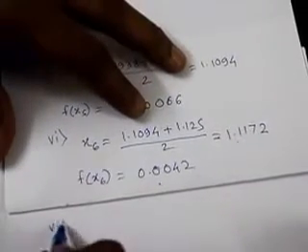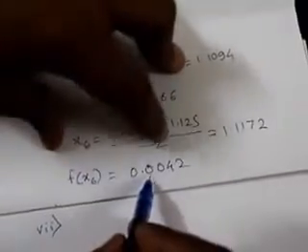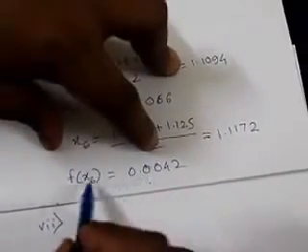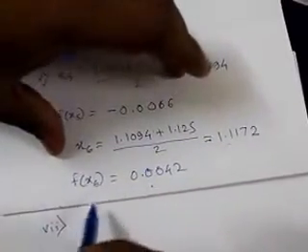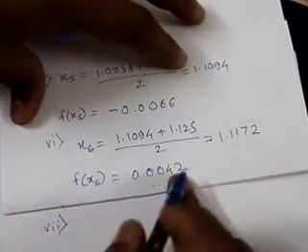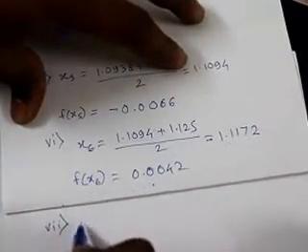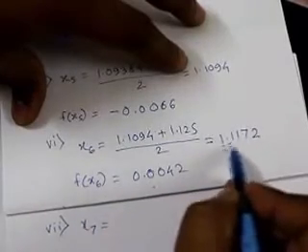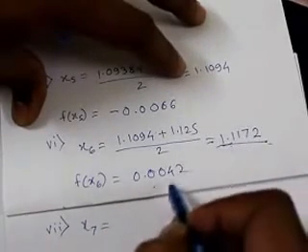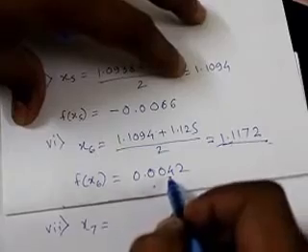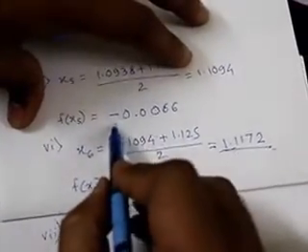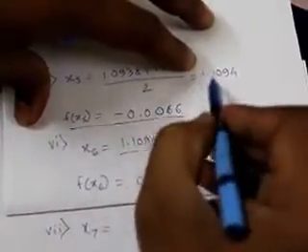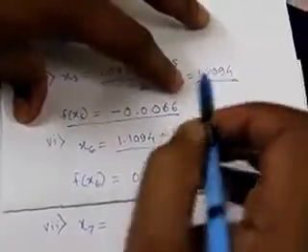As we can see, we have reached a positive value for x6, which means that for the seventh iteration, x7 is going to lie between 1.1172, the last positive iteration, and the last negative iteration, x5, which was 1.1094.